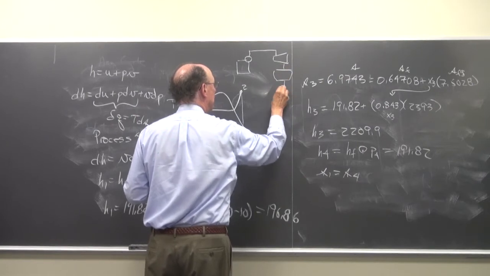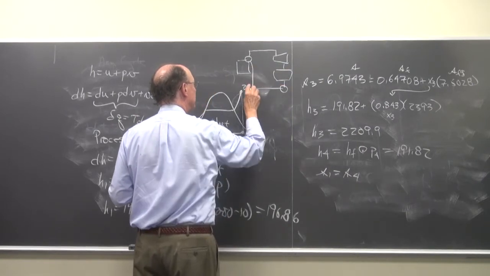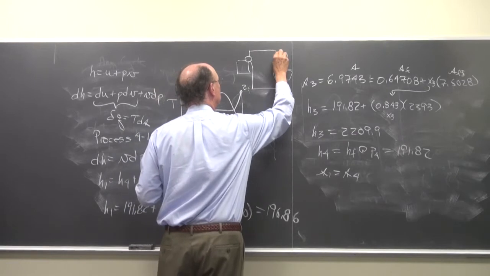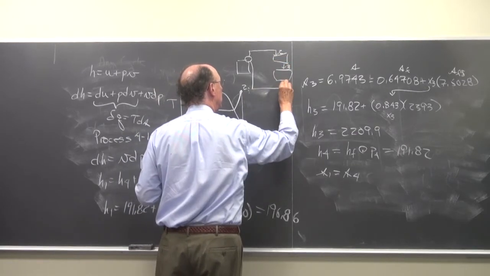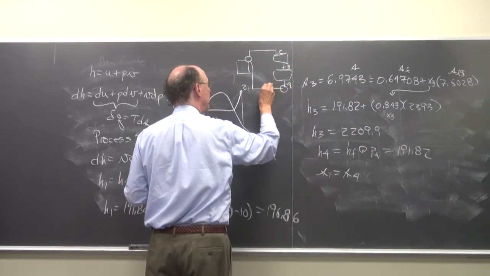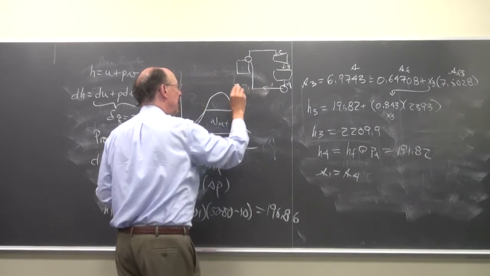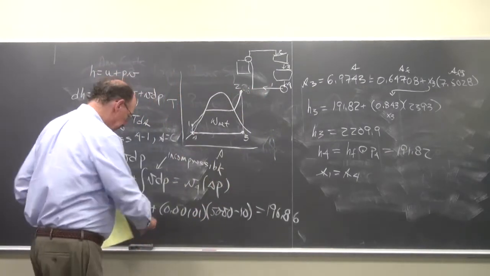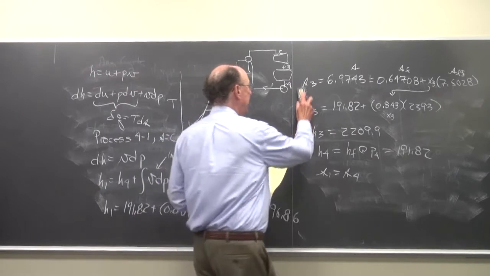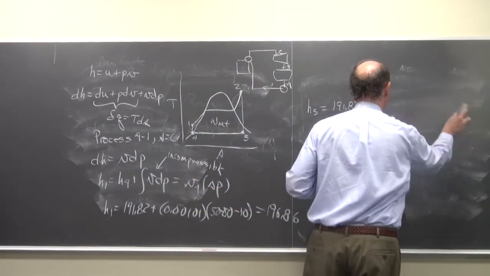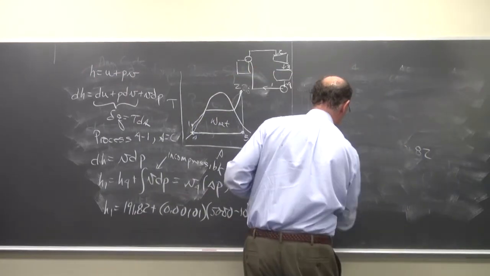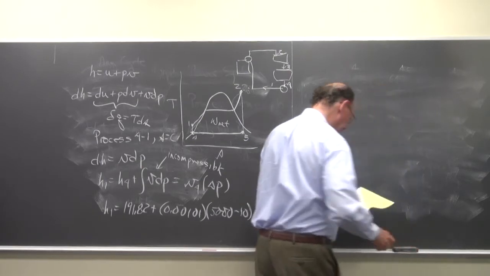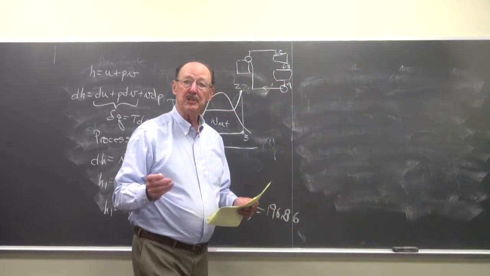We found the points. I want to go through and do a first law analysis for each one. So we have 2, 3, 4, 1. You have this in your notes. I just drew it again so I'd have it here to refer to. So let's do a first law on the turbine.